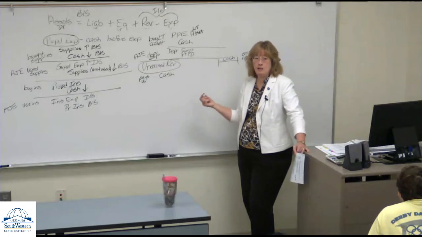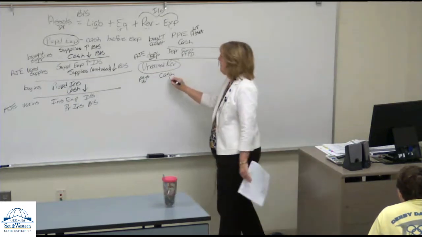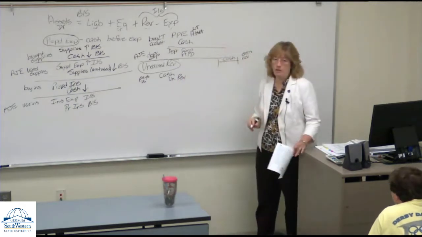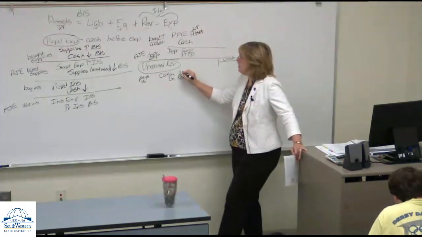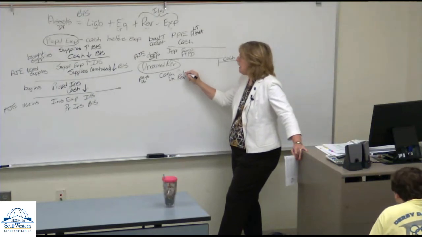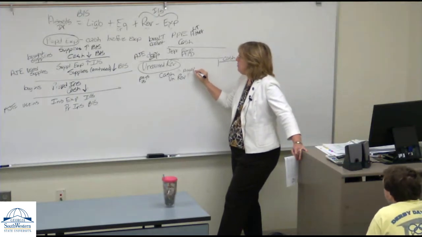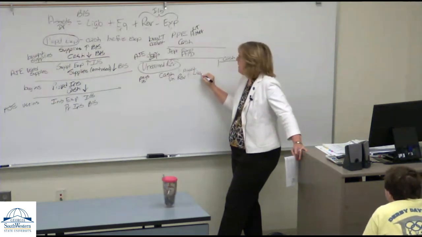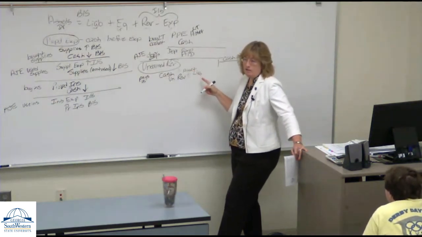But in this case, since we haven't earned it, we're going to credit unearned revenue, right? Okay, so cash is increasing. Unearned revenue is increasing. Cash is an asset. Unearned revenue is a liability. And both of these are on the balance sheet, right?